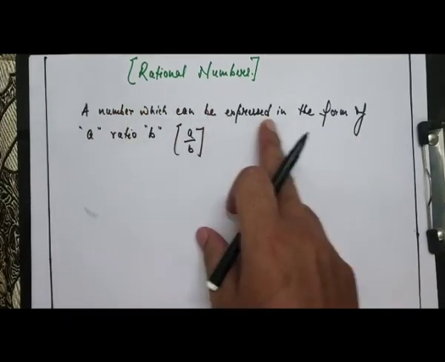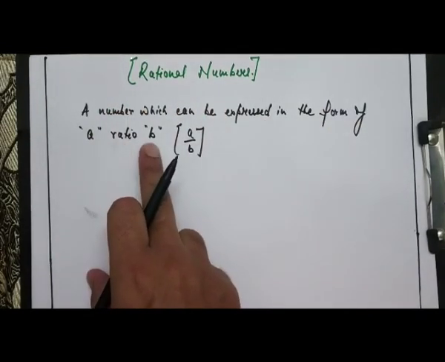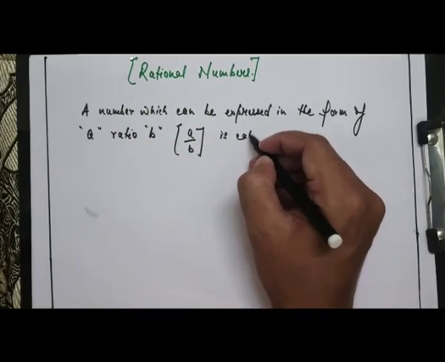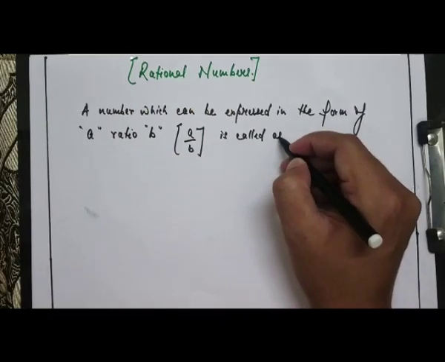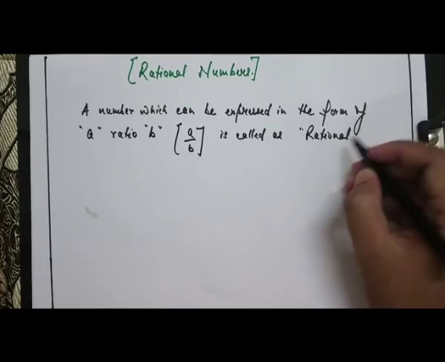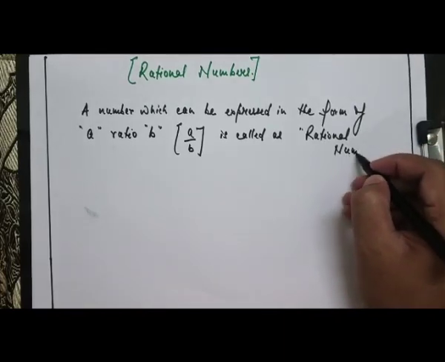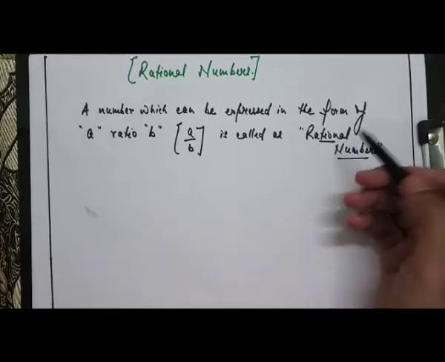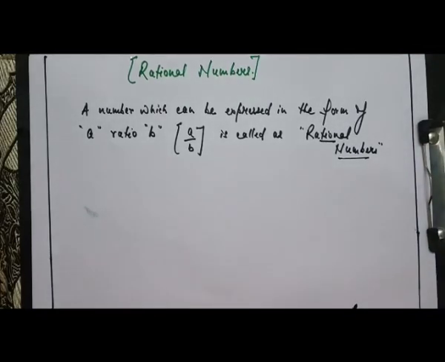A number which can be expressed in the form of a ratio b, that is a upon b, is called as rational numbers. This is the basic definition of rational numbers. Any number which can be expressed in the form of a upon b is called as rational numbers.